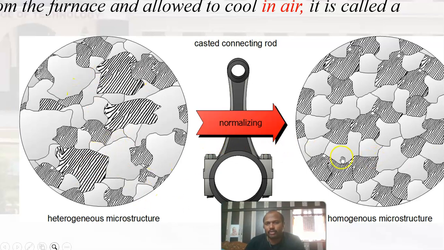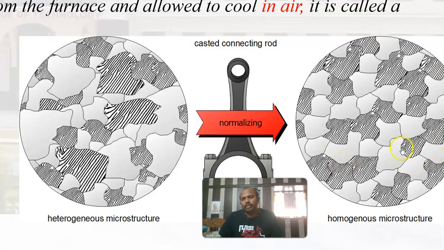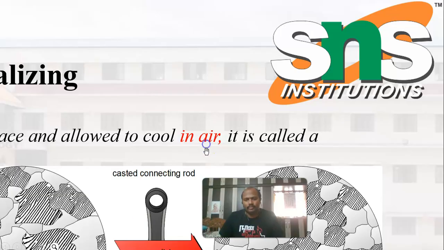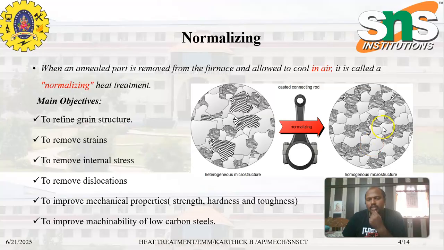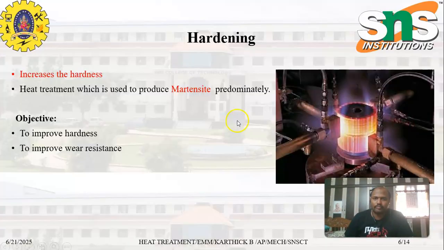But upon normalizing, you get a homogeneous, properly arranged microstructure, which helps to improve the mechanical properties of a material. This microstructure is of a cast connecting rod, before normalizing and after normalizing.